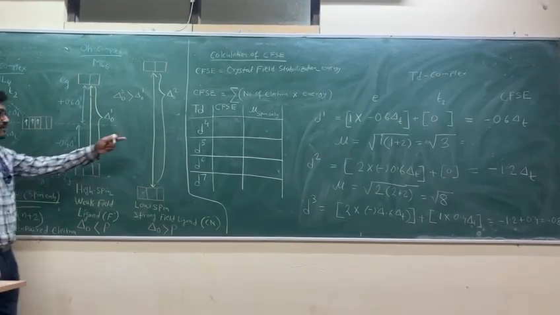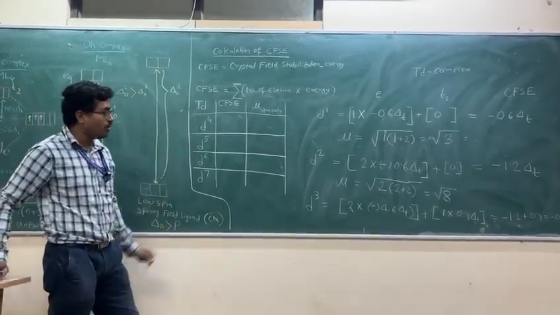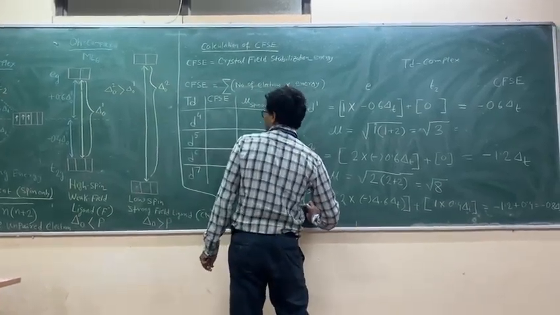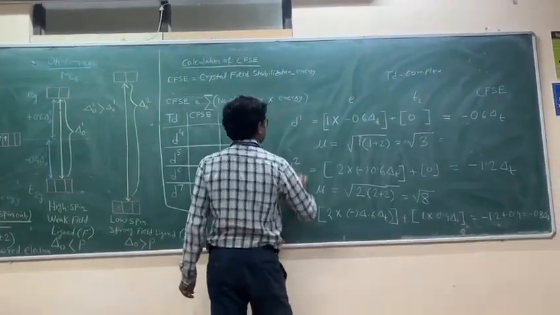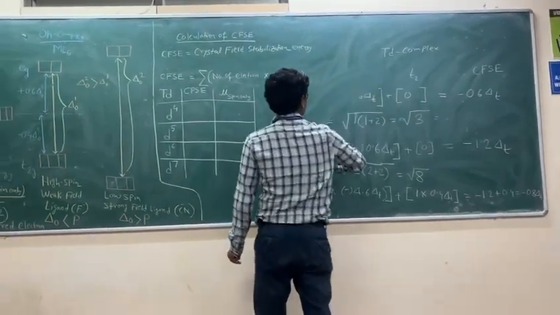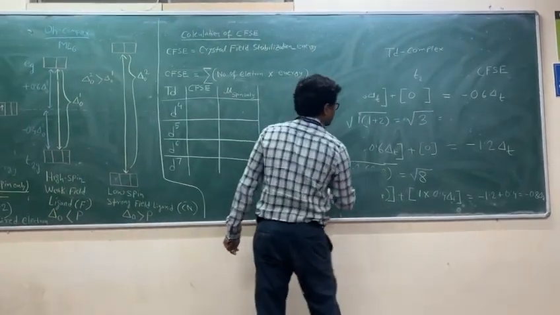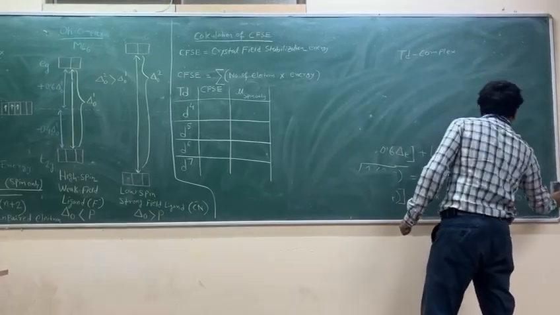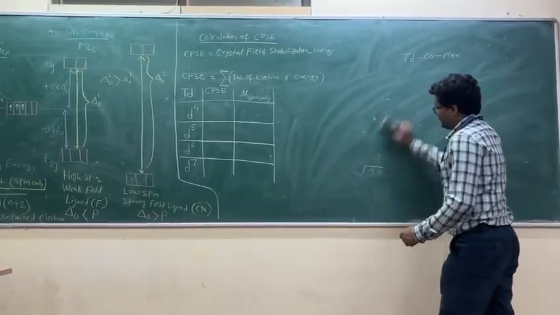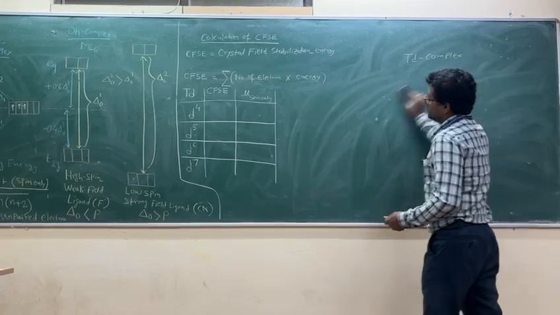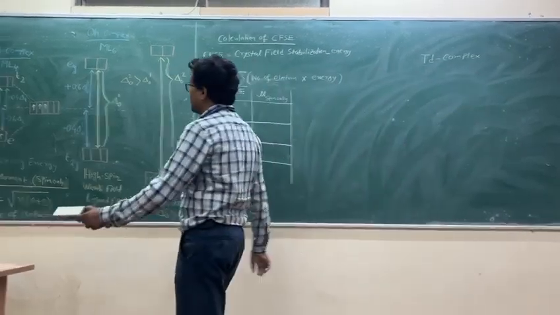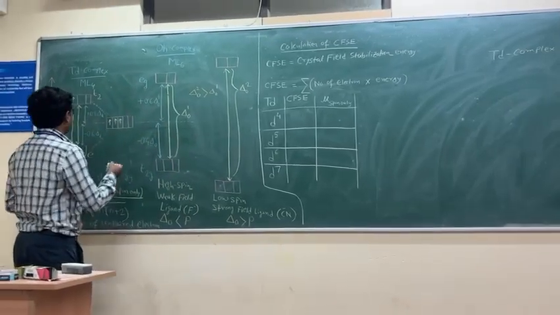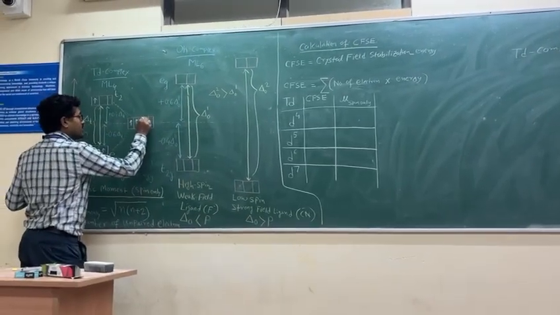Okay. Now for D4, D5, D7, D8, these are the important ones, because of that I have written them. CFSE value for D4 system. Now if we take D4 system, number of electrons is 4.